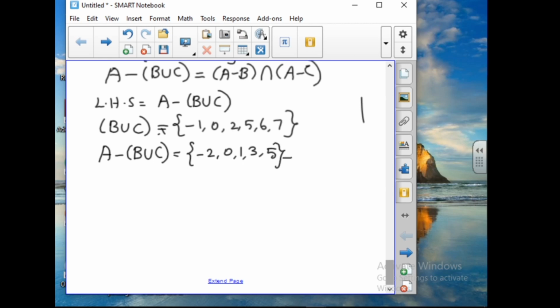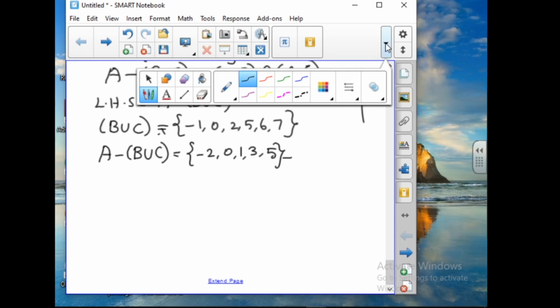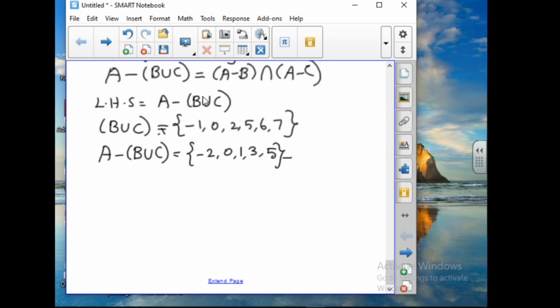From this you have to eliminate B union C, that means -1, 0, 2, 5, 6 and 7. So what are the common elements? 0, then 5. So the remaining elements are -2, 1, 3. This is your equation number 1.